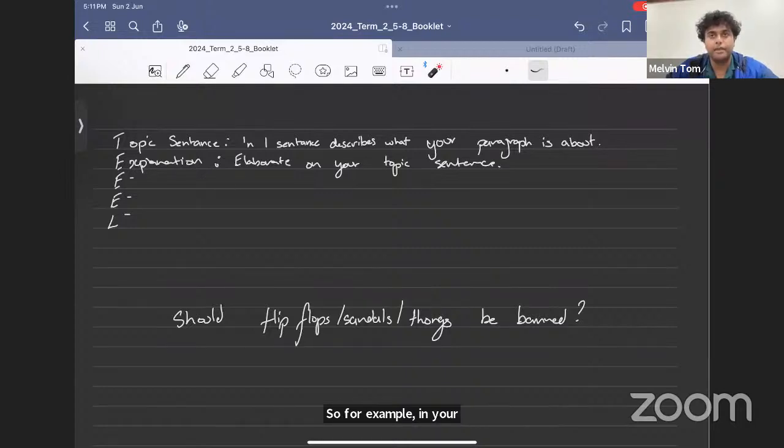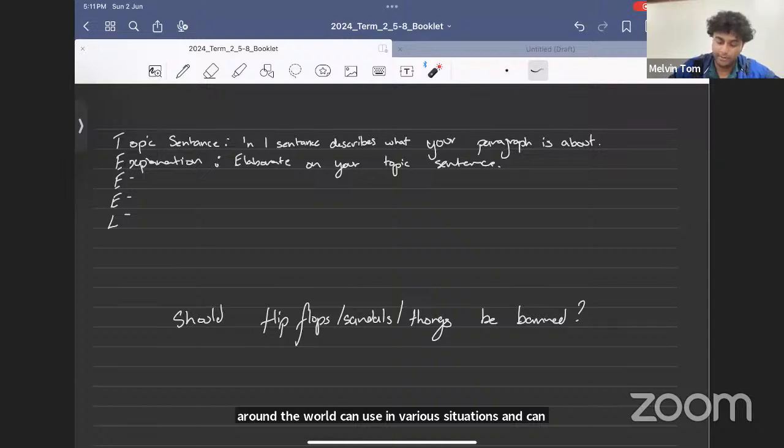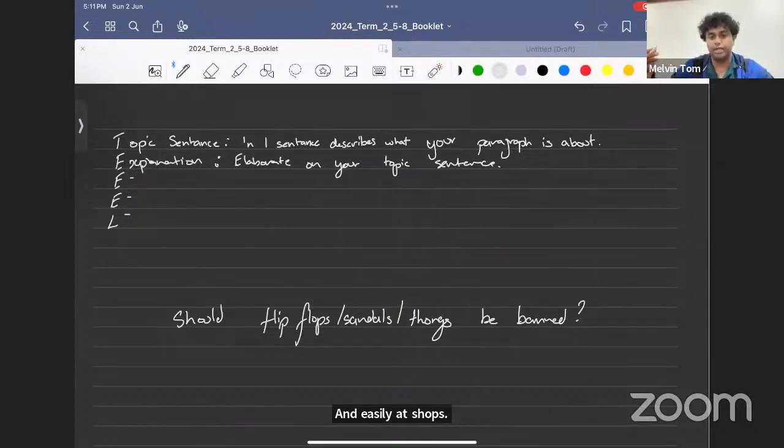So I would say, flip-flops are a universal footwear that people from all around the world can use in various situations and can buy affordably and easily at shops, right? You're elaborating on the topic sentence.